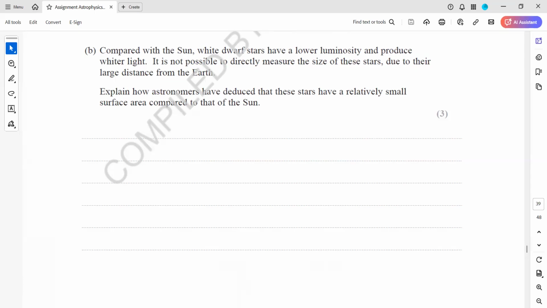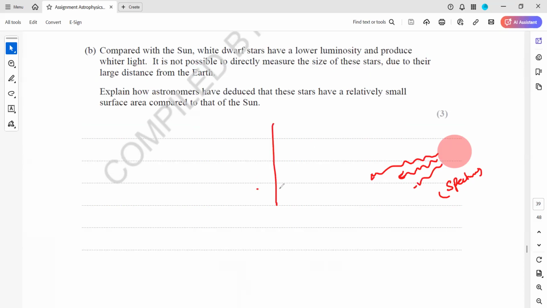So normally what we do is record the spectrum from the star. Let's say this is a white dwarf, and from the white dwarf we record the spectrum, because it is emitting different radiations.